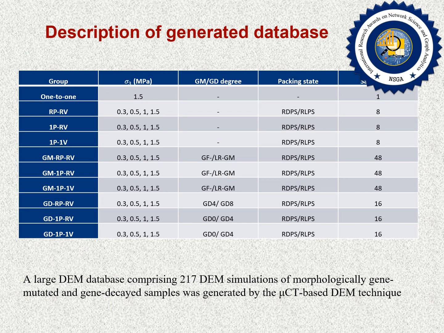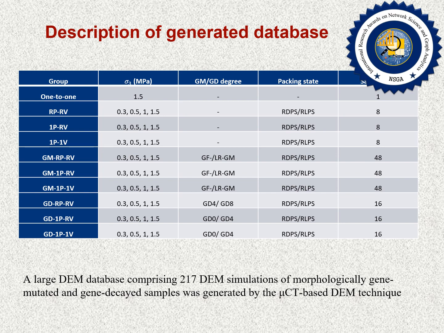So totally, we create a large database that contains 10 groups of DEM simulations. Note that the first 1-to-1 mapping sample is only utilized to calibrate the model parameters and will not be used in the model training and testing.